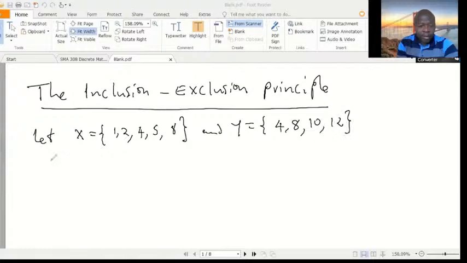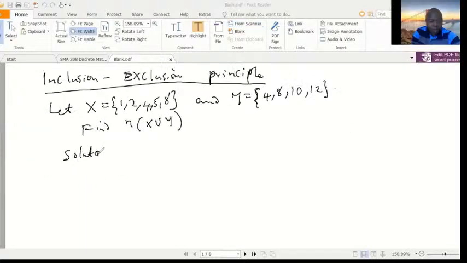So the question is, find the number of elements in the union of X and Y. So let's look at the solution to this question.